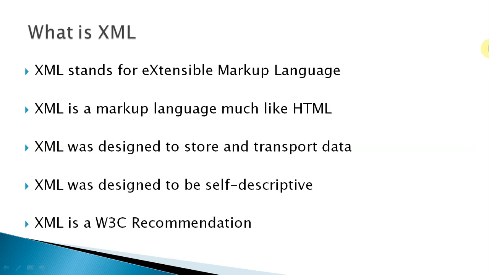And XML was designed to be self-descriptive, and the tags of XML are self-descriptive, while the tags of HTML are predefined and their meaning is already fixed. So we have to remember these tags. In the case of XML, the tags are self-descriptive and self-defining. So according to the table or according to the message, we write the tags of XML.